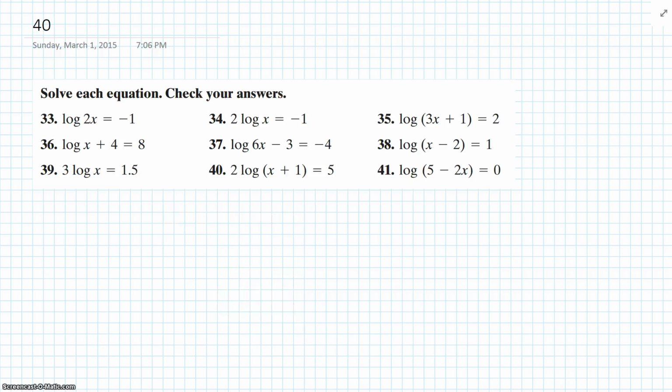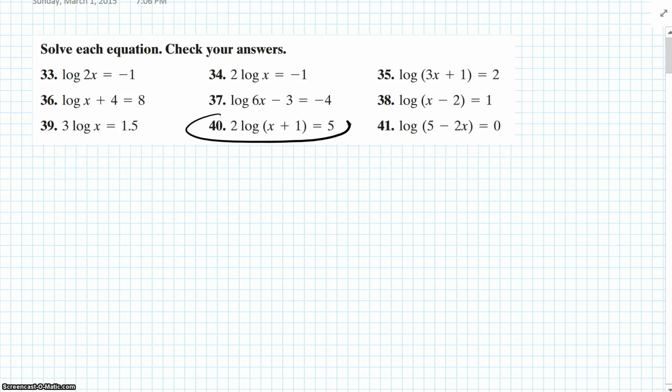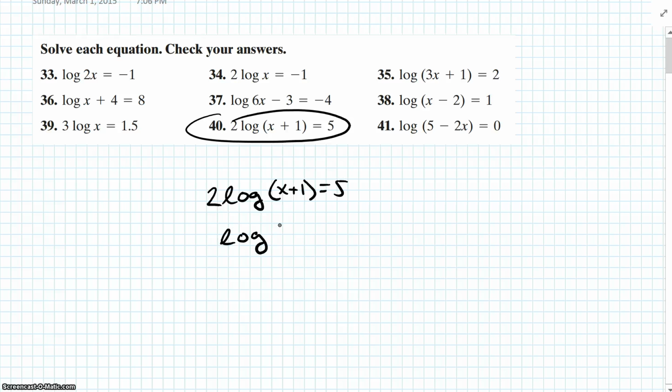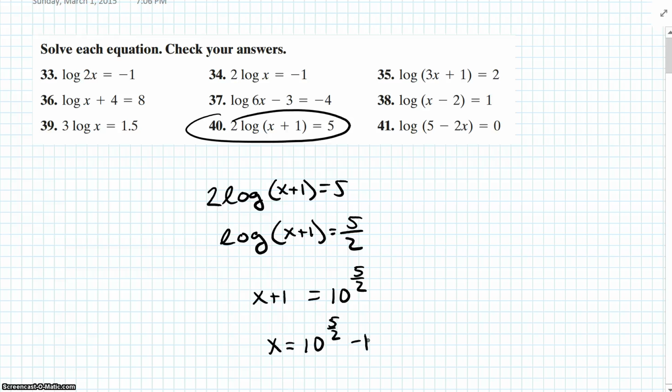Okay. 40. 2 times the log of x plus 1 equals 5. So I can rewrite this as the log of x plus 1 equals 5 halves. So I can say x plus 1 equals 10 to the 5 halves power, or x equals 10 to the 5 halves power minus 1.